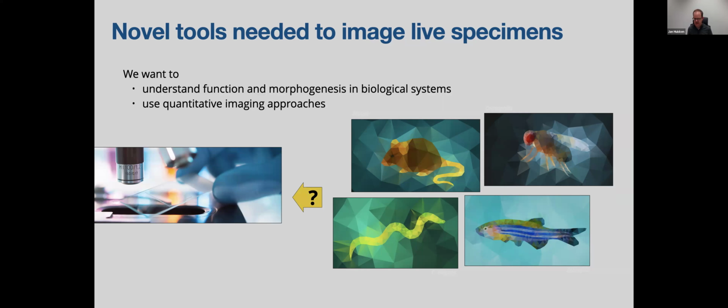And so that really forced us to spend most of our time building our own microscopes. Nowadays, you can buy a commercial light sheet system, but these still are general use instruments, and they may not be specifically designed for the kind of experiment that you're trying to do.